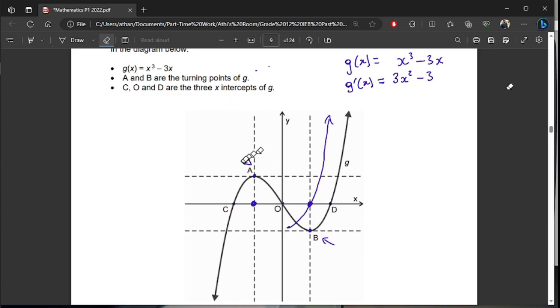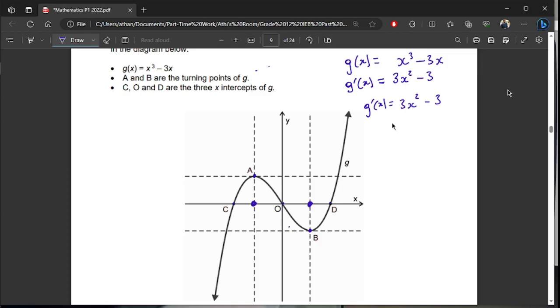Now let us try to find the coordinates of A and B. I'll do it here, guys. I won't answer below because I'm avoiding scrolling up and down. So this is g prime equal to 3x squared minus 3.